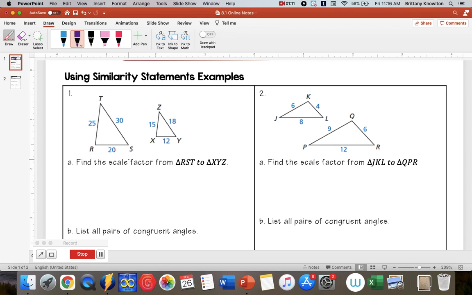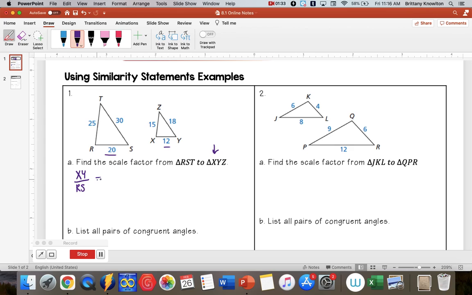And the important thing here is you need to take the second triangle and divide it by the first, because I want to find the scale factor that I need to multiply RST by to get XYZ. So I'm going to take the side length from my second triangle first and divide it by the first.